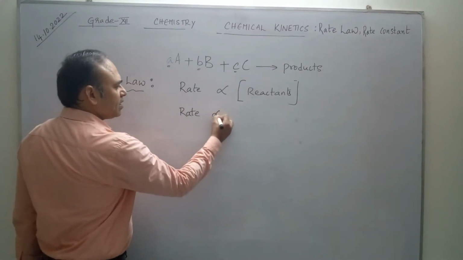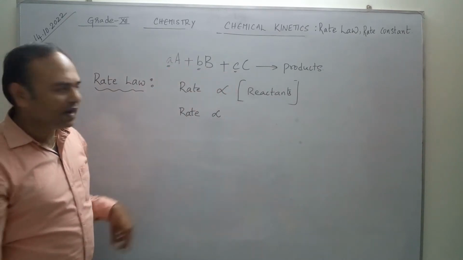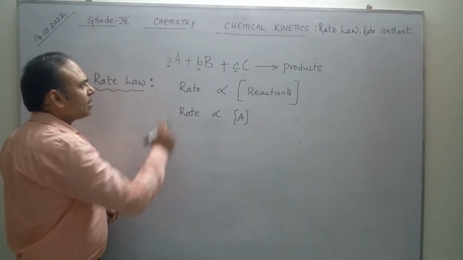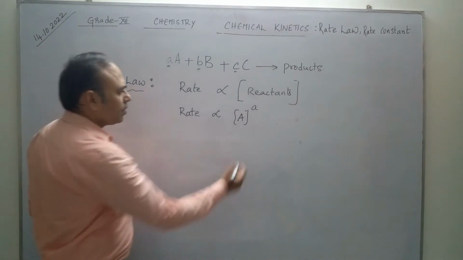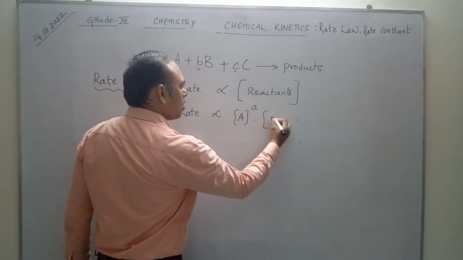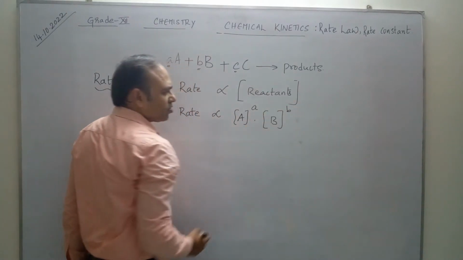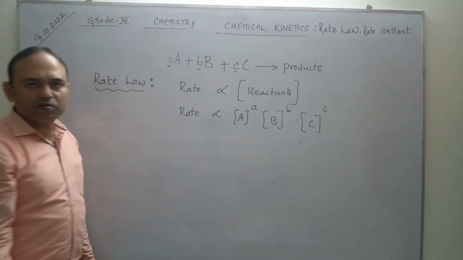Now if you take the given equation, we can write like this. The rate of the reaction is proportional to, here we have A, B, C as reactants. You can write concentration in square bracket, and coefficient is written as power here, into concentration of B to the power of small b into concentration of C to the power of small c.